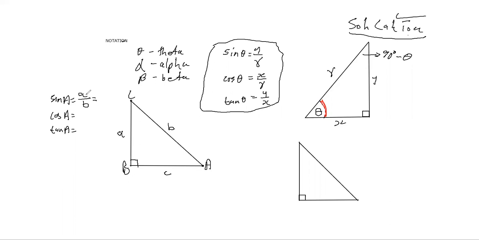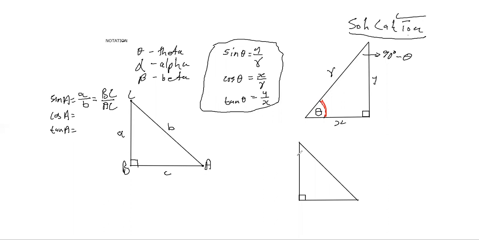If I don't want to use small letters, I can use capital letters. The side small a is actually the side BC, and the side small b is actually the side AC. I hope you see that. You can do the rest with cos A and tan A. I will not like to spoon feed you. I want you to try and see if you understand where we are going.